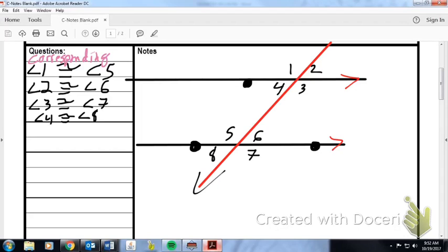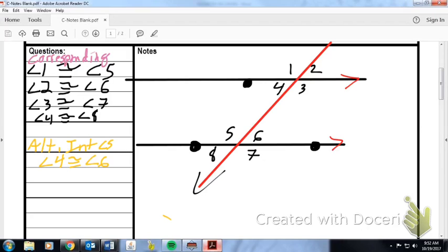Now what I want you to do is name the alternate interior angles. Take a second, hit pause, and name the alternate interior angles. And we're back. And you should get 4 and 6, and 3 and 5.